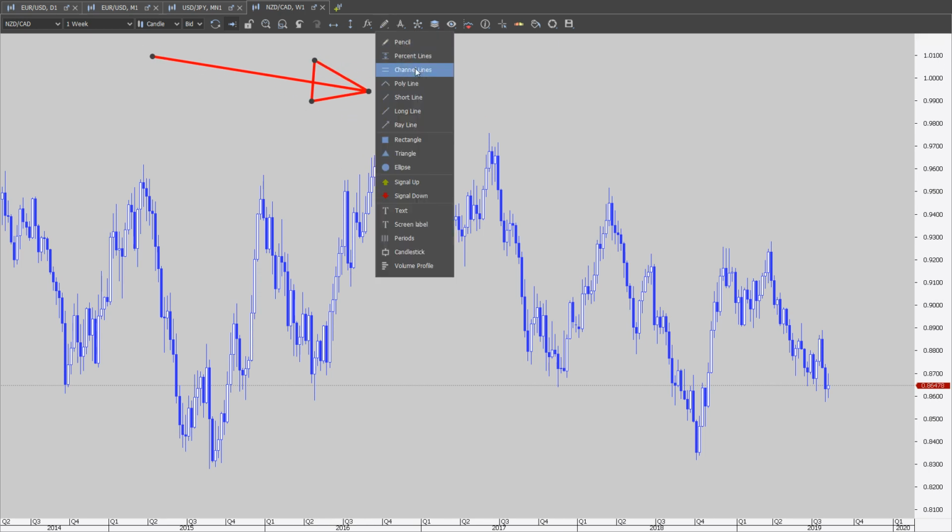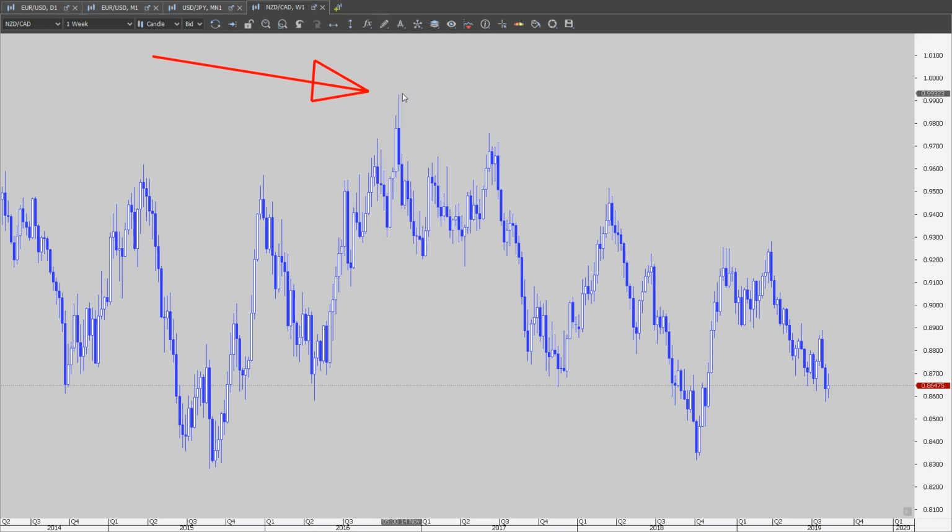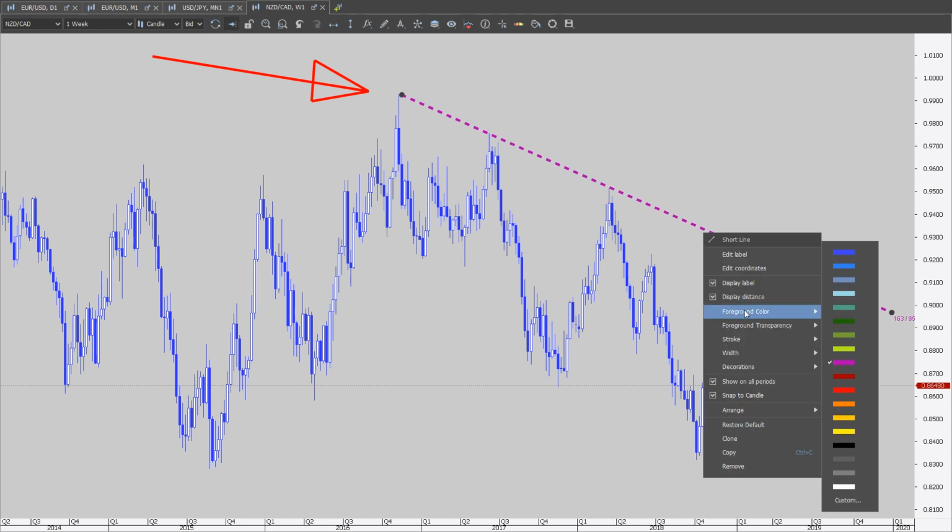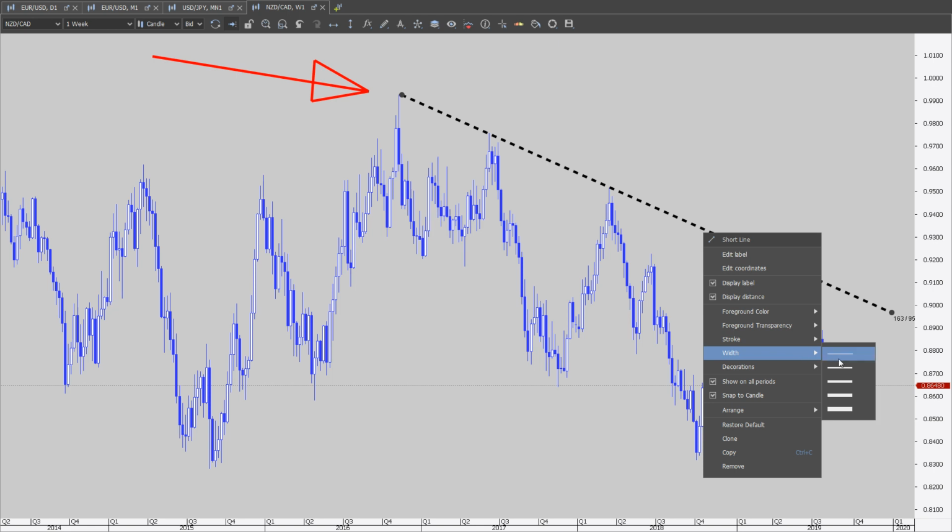So I'm going to click on the candlestick's wick, extend the line with my mouse and slowly go down, down, down, like this, right? And I'm going to color code it in black.